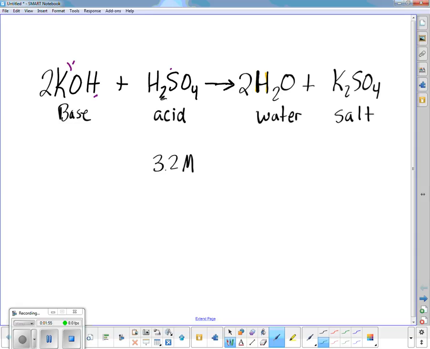What I would do then is say, since it's a strong acid, I'm going to assume my hydrogen concentration, and I'm going to be a little bit off because this is a diprotic, it has 2 hydrogens it gives off. So I'm going to say it's going to be about 3.2 molar. Now, in saying that, I can put it into minus the log of 3.2 and find my pH, which, if we do that real quickly, is what?